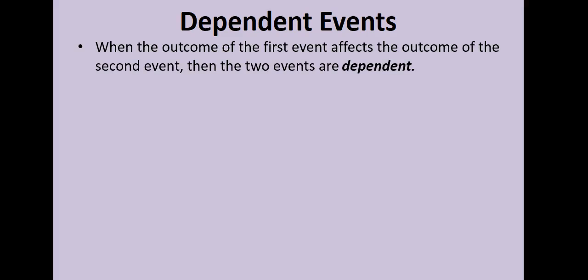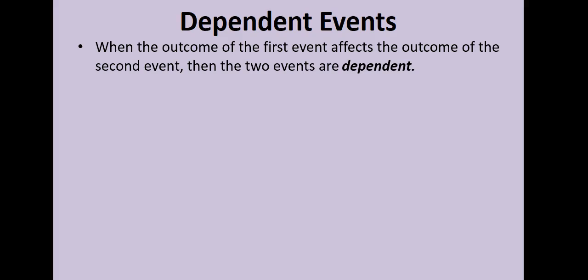Now, that's independent events, meaning that the first event occurring has no bearing on whether the second one occurs or not. Now we're going to look at dependent events. When the outcome of the first event has an effect on the outcome of the second event, then the 2 events are dependent of one another.